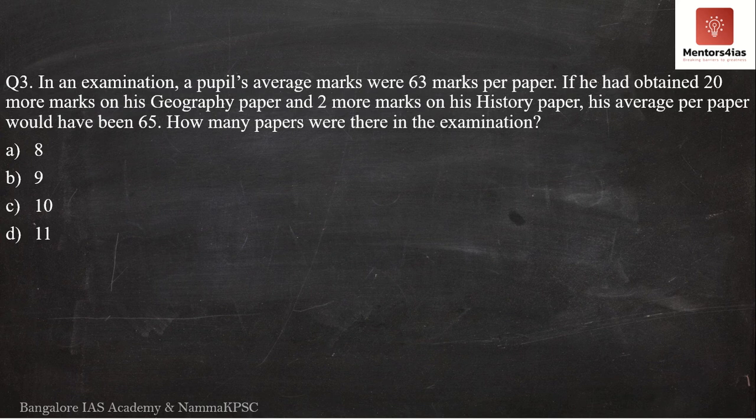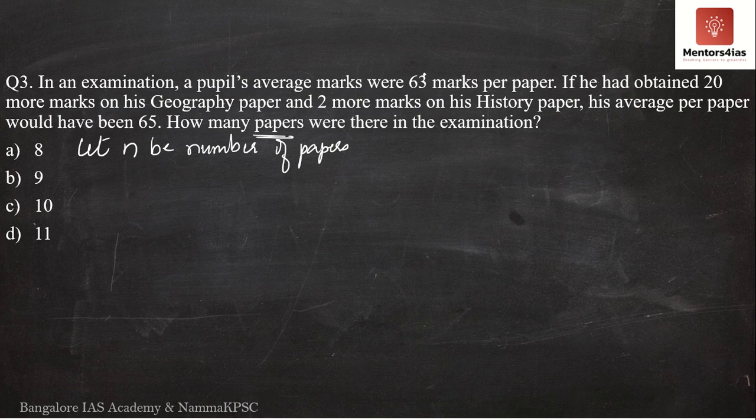So we have to find out the number of papers that he has written in his examination. So let n be the number of papers that were there in the examination. Now, the question itself says the pupil's average marks were 63.